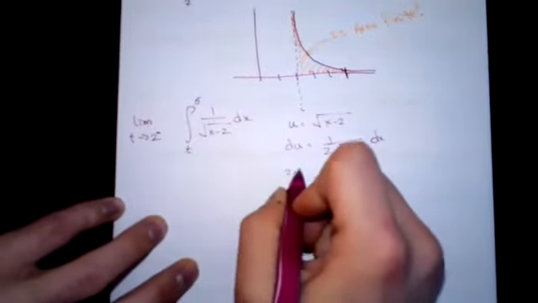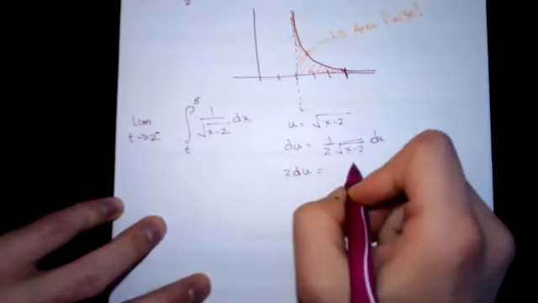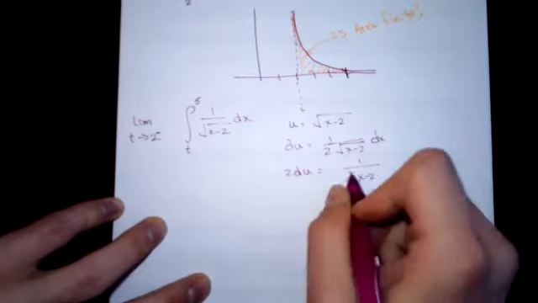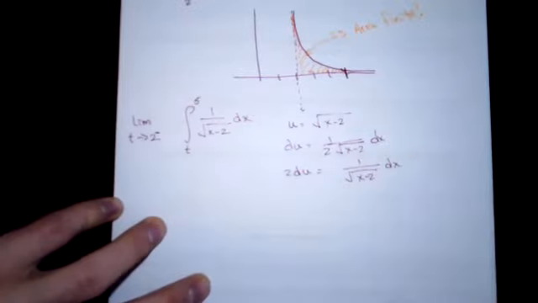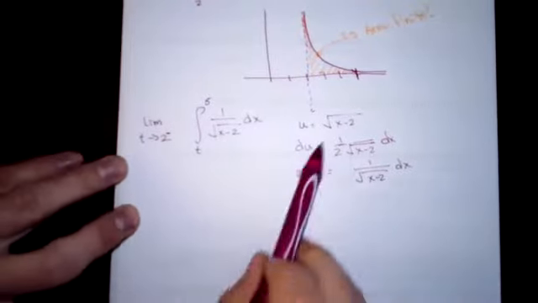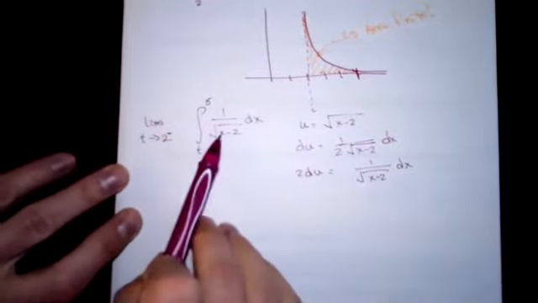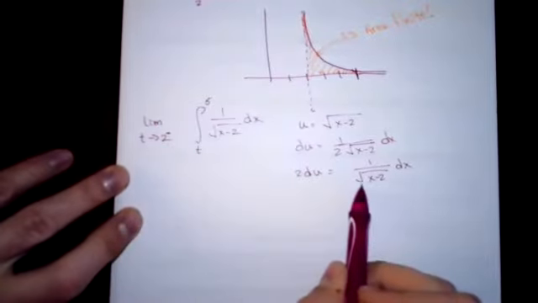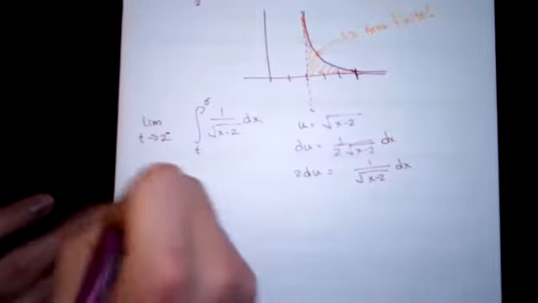So in other words, 2 du is 1 over square root of x minus 2 dx. Ones with square roots in u sub can be a little tricky because we don't want to replace this with u. We actually just want to replace the entire thing with 2 du.